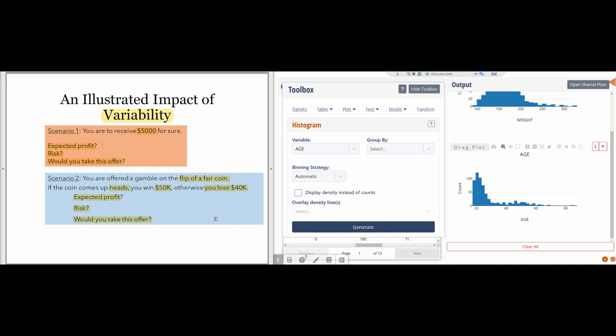This is kind of a central question in finance, actually. Would you take this offer when the expected profit is a large positive number, but the risk is significant, and you could lose a lot of money?